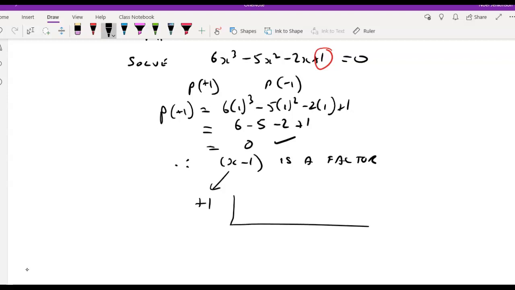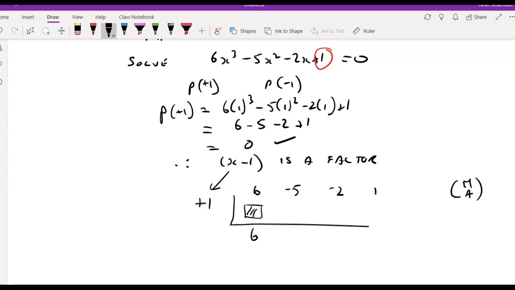We put down the coefficients of the dividend, the one we're dividing into: the 6, the minus 5, the minus 2 and the 1. They're the coefficients, and we use the algorithm, which is multiply, add. I get my students to write multiply and add on the side just to remember, but that's okay. And so we don't have anything in this first box here, nothing goes there.